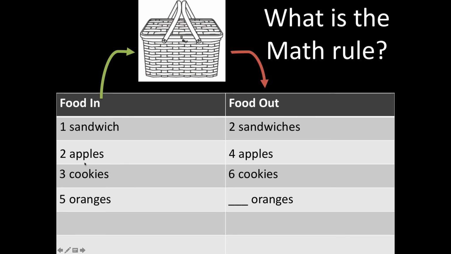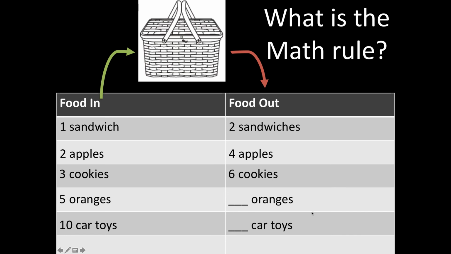You have 5 oranges going in. If 5 oranges go in, how many oranges are going to come out, if we use the same rule? 1, 2, 2, 4, 3, 6, 5. How many? Well, here's another one. We have 10 car toys going in.